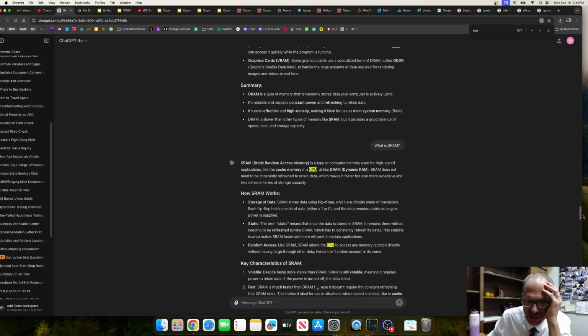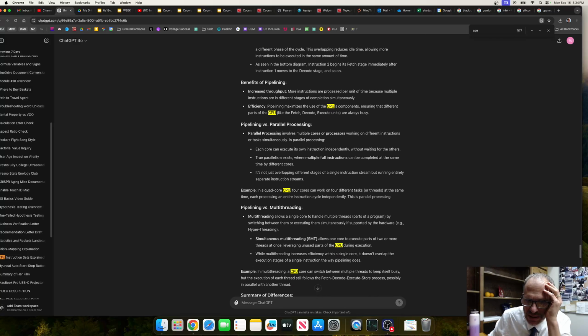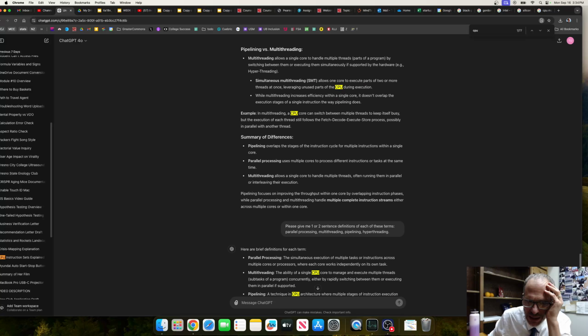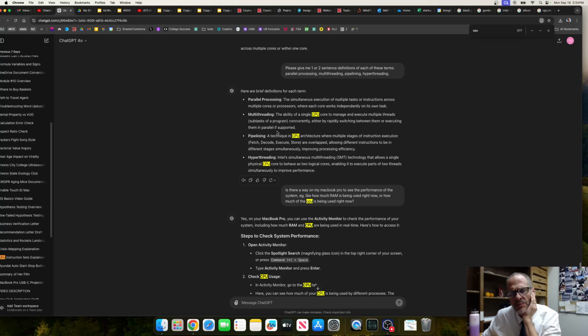CPUs also use different kinds of architectures for processing more quickly. Some of the things they do are parallel processing, multi-threading, pipelining, and hyper-threading. Again, this is a bit of a bridge too far for us. It's more detailed than we need to get in this class.